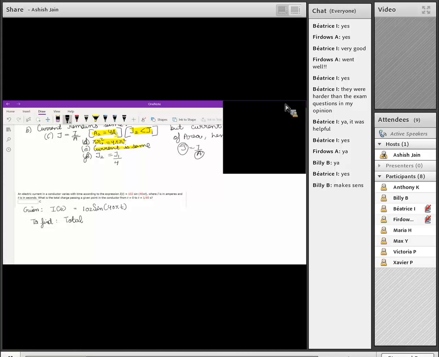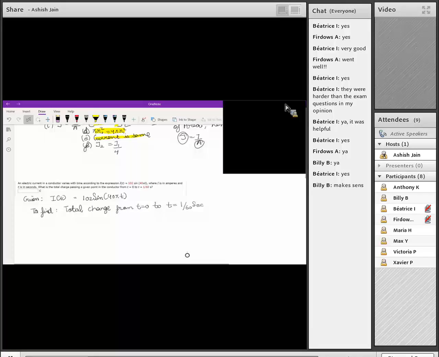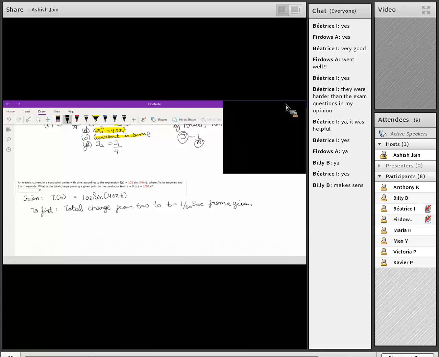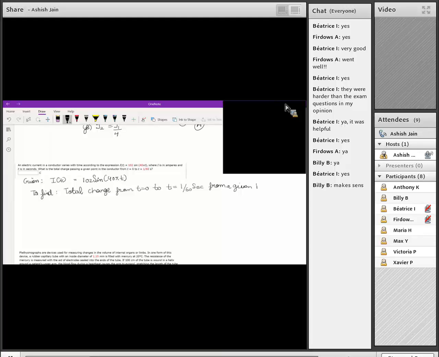What is the total charge? To find total charge, from t equals 0 to t equals 1 by 60 seconds, from a given point. So if you remember, this is the equation.